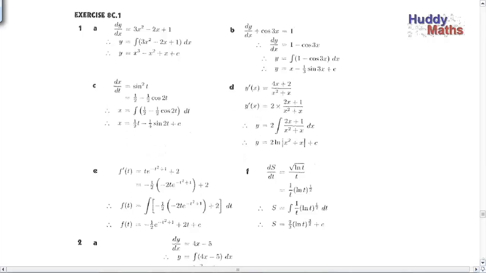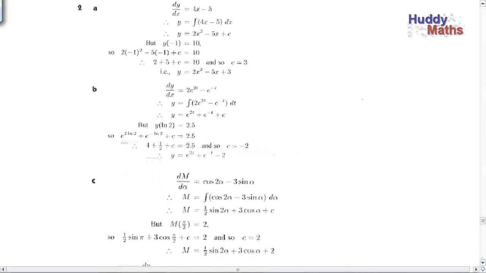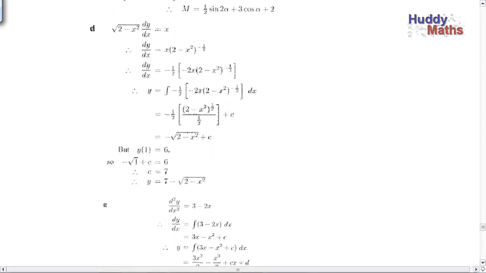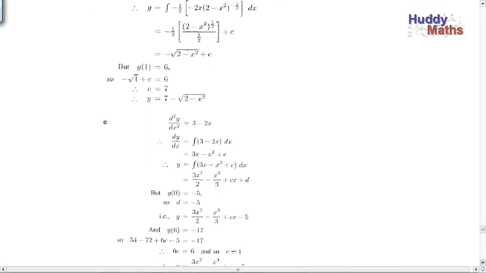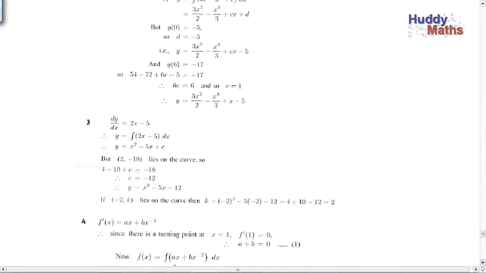Okay, question 1. Lots of little examples there, check them out. Question 2. The rest of question 2 there, part D, or almost part D. E. Let's go to question 3.